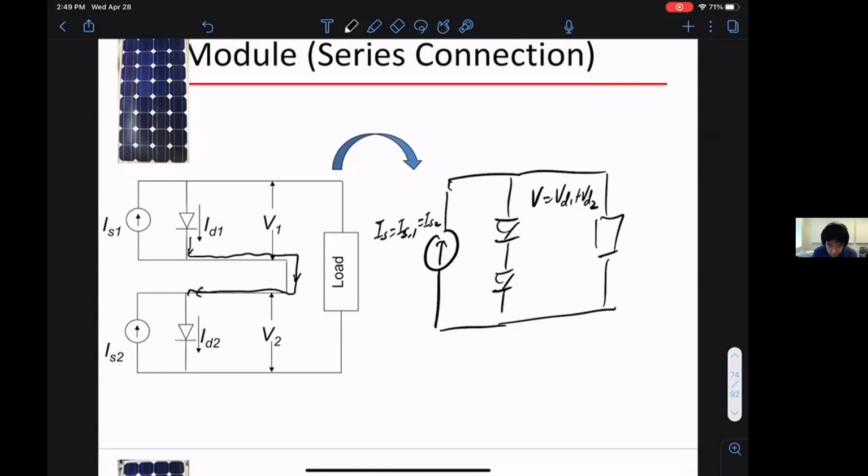The second current source is attached to the load, and then it goes into a cycle. The current source comes out this way, flows this way, and goes into the other current source. Okay, thank you. So this is in series, just follow the line. Any other questions about this?